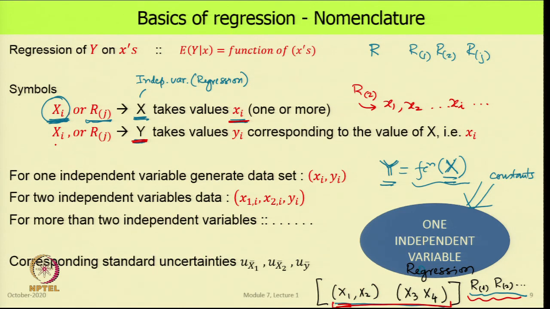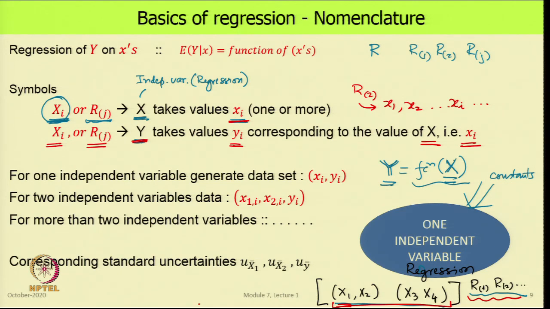So, that is what is said here, that any of the xi's or any of the rj's, whatever we take, we call that y, and y takes the values of yi. That means, whatever values we had for those cases, they are y1, y2 like that. Further, with the restriction that this y corresponds to the same value of x, xi.